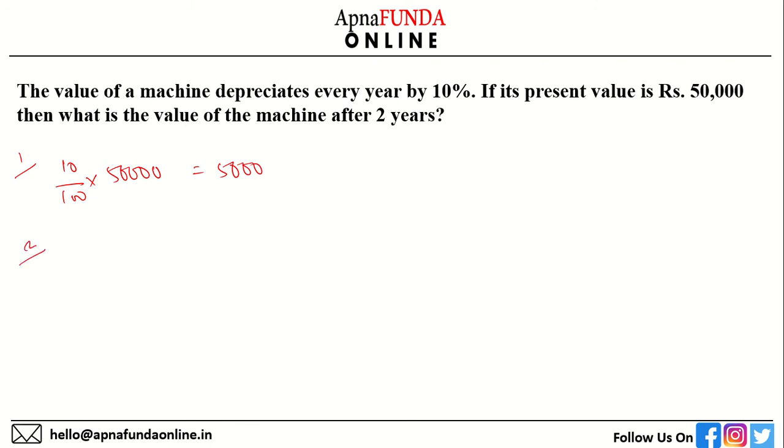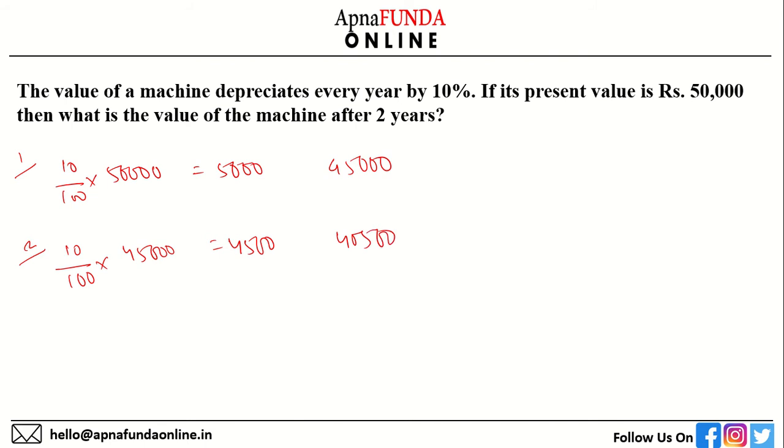And in the second year, the machine value at the end of the first year becomes 45,000. In the second year, 10% of 45,000 is 4,500. So the final machine value becomes 40,500. This is how we solve a depreciation question.